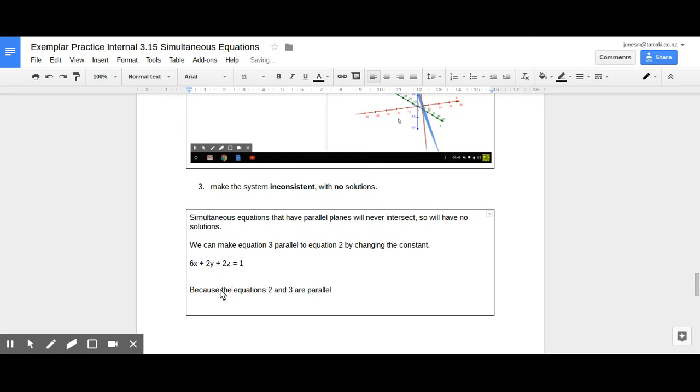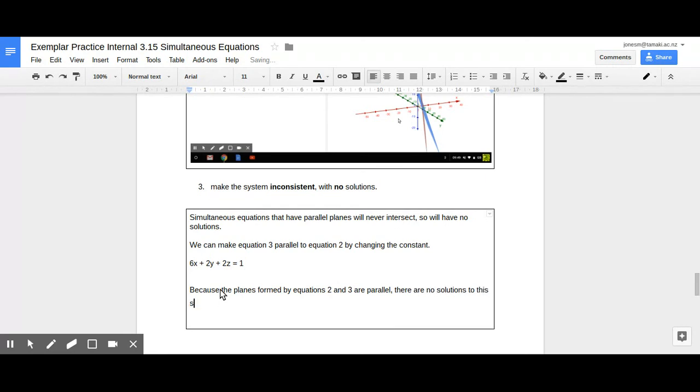Because the planes formed by equations 2 and 3 are parallel, there are no solutions to this system of equations because they never intersect.